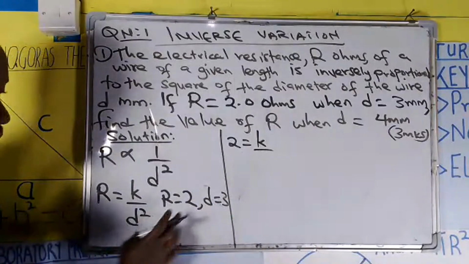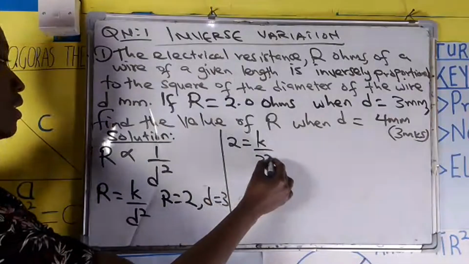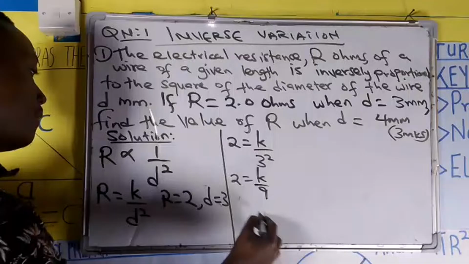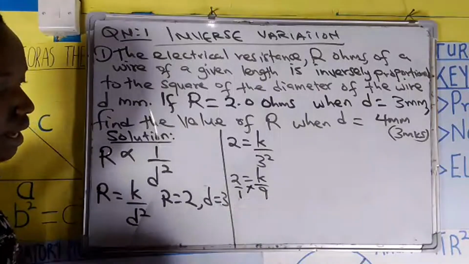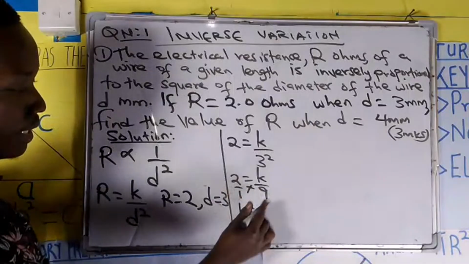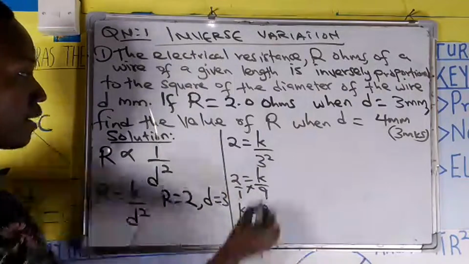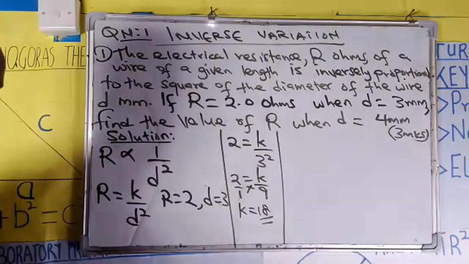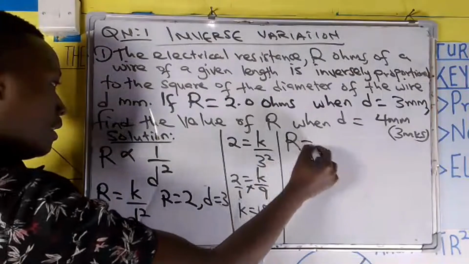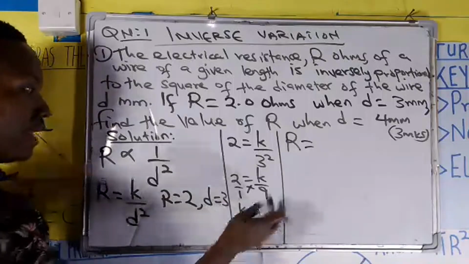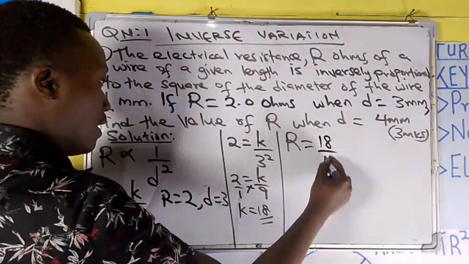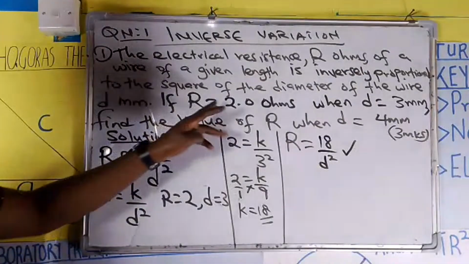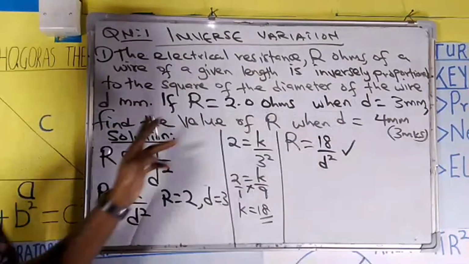D squared is 3 squared, which is equal to 9. So 2 is equal to k over 9, so k is going to be 2 times 9, which is 18. After we get 18, the equation connecting R and D is R is equal to 18 over D squared.